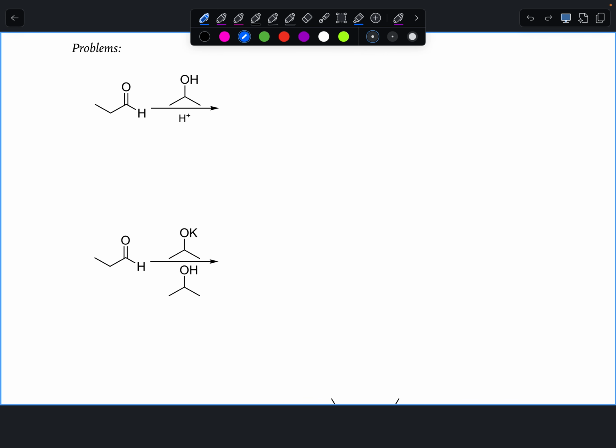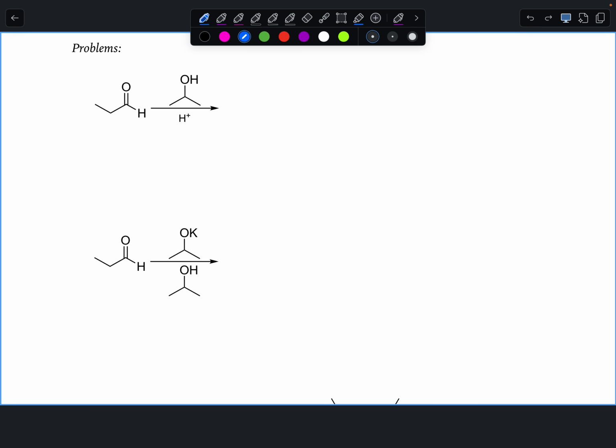So your water molecule that's there, or more of your amine, something will come along and act as a base. If you prefer water, go ahead and put that. It will act as a base, pull off the proton, push the electrons back to the nitrogen, and that gets us to our final product.